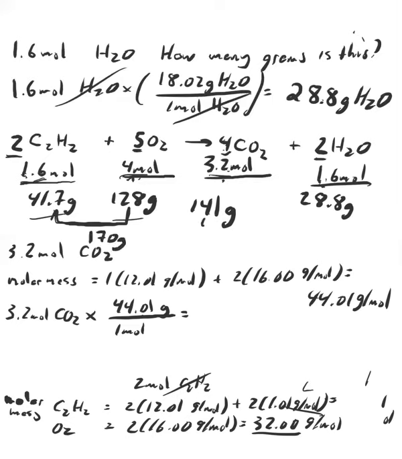And then if you add these together, 141 plus 28.8, round that, you get 170. Isn't that cool? So the mass of the products is equal to the mass of the reactants that actually reacted, 170 grams. So you can actually test that, right? You could say, hey, I'm going to put in these masses and see what the masses of the products you get out. And they should be pretty close to each other.